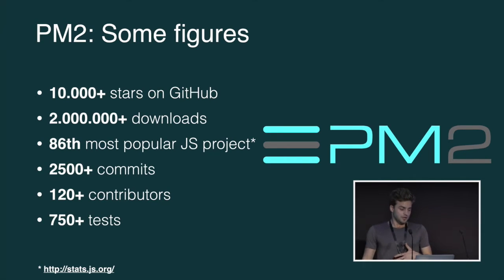Tests are very important for PM2 because PM2 is entirely built on Node.js, on JavaScript. And we really wanted to provide quality software for production applications. This is why we built a lot of tests. We do almost test-driven development across 5 different Node.js versions, from Node.js 0.10 to 5.0.